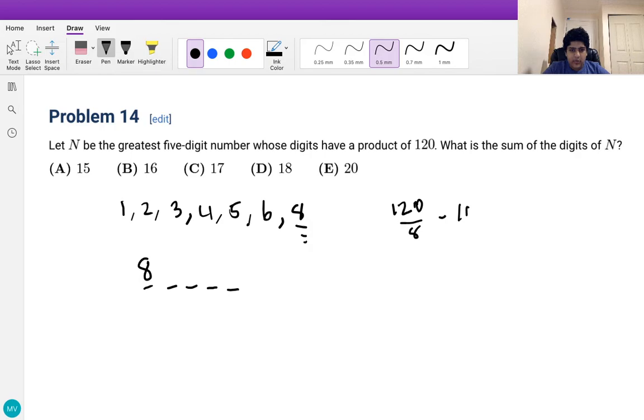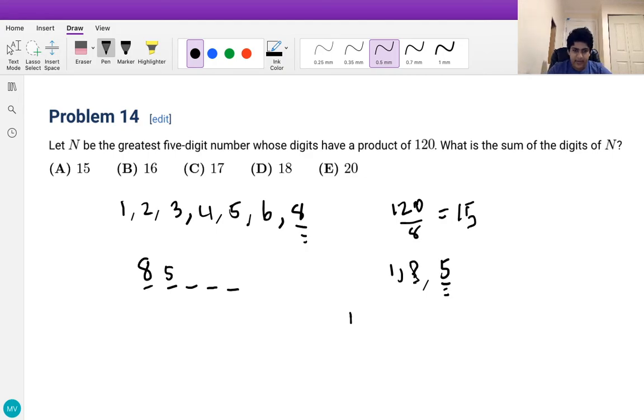So now, we do the same analysis, but with 15. 15 has one-digit divisors of 1, 3, and 5. So, we thus know that since 5 is the largest, we put 5 here. Next, we have the value of 3, and its one-digit divisors are 1 and 3.